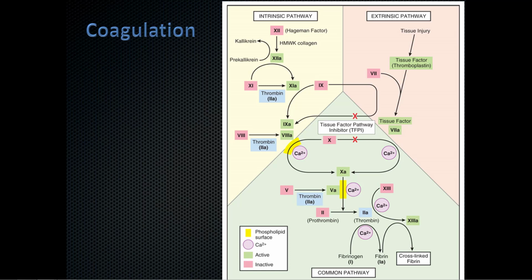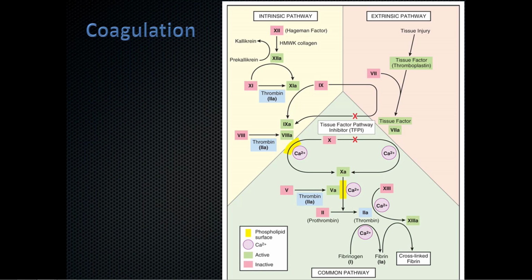The coagulation mechanism consists of 13 factors that work together to achieve hemostasis. And there are two overarching components to this process, and that would be the intrinsic pathway located on the left and the extrinsic pathway.